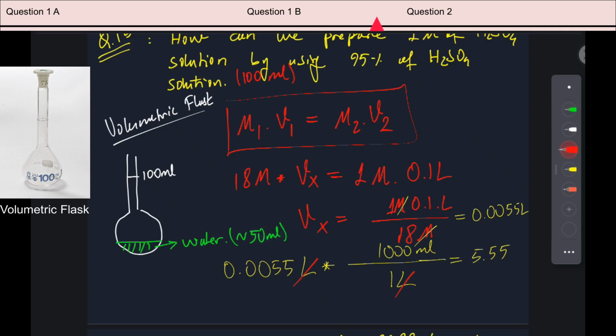Then we measure the volume of the H2SO4 and put the H2SO4 in. We have to mix it, or shake. Then we put water until the volume becomes 100 milliliters, and we close the lid, and this will be our solution.